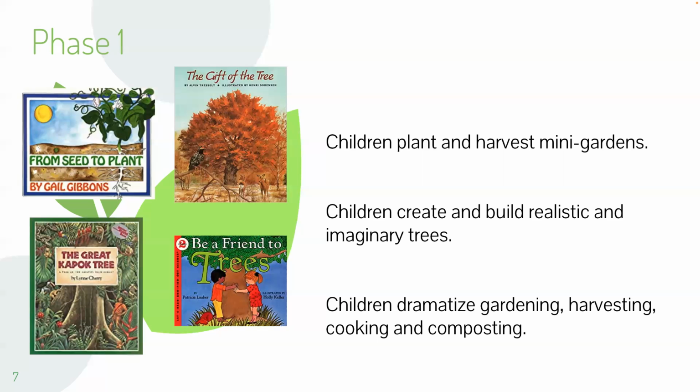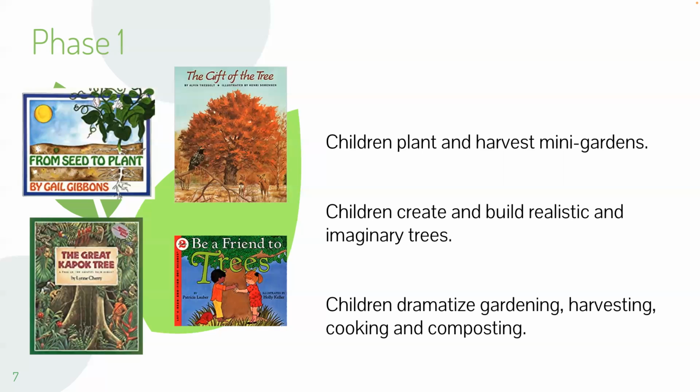You'll notice that there's only one lesson plan for drama for the full 8 weeks of the unit, and you'll just be adding on to drama as you go. So children will dramatize gardening, and then they will dramatize harvesting what they grow in their gardens.